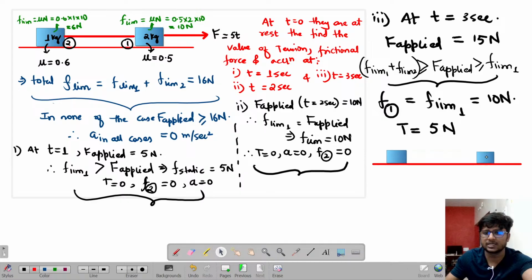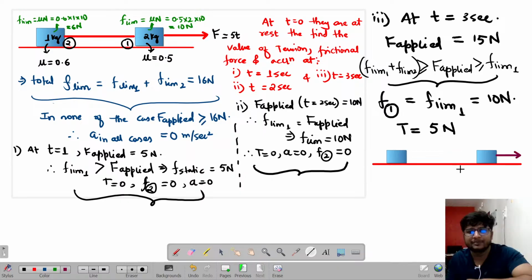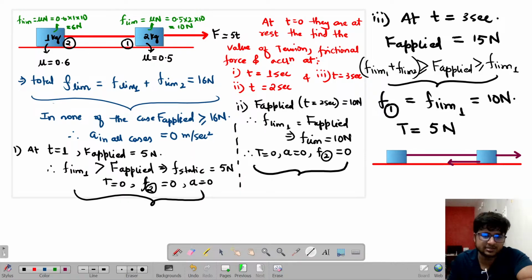On these 2 kg, what will happen? I applied how many Newton of force? I applied 15 Newton, correct? But the maximum frictional force that can be present is how much? Some lesser value. Wait, let me draw.